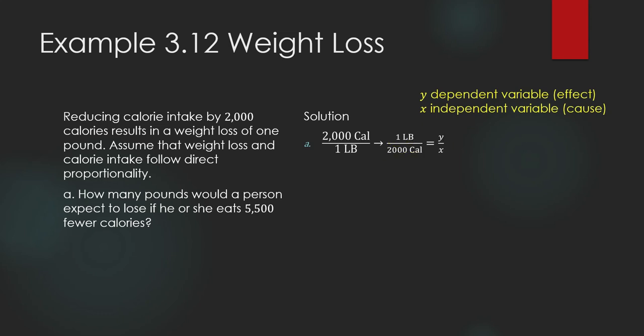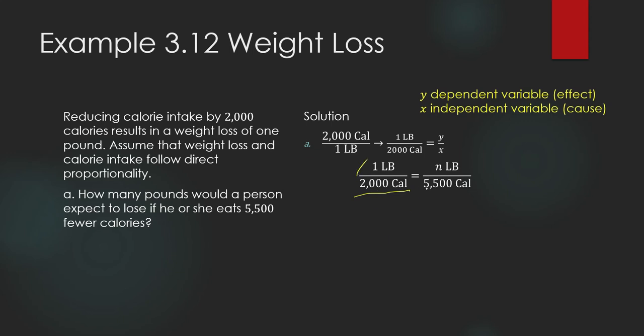So y over x will give you the constant of proportionality. Since this is one about direct proportionality, what this means is a reduction of 2,000 calories in your diet will result in a loss of 1 pound.